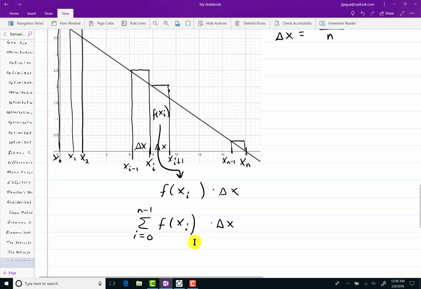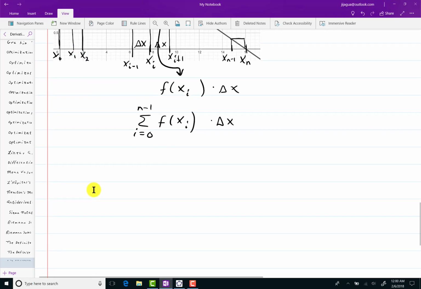So let's take a look at what is xi. Well, x1 is x0 plus delta x. Then x2, you add another delta x, then another delta x, and another delta x. So as before, we have something like this: the sum i equals 0 to n minus 1 of f of 0 plus delta x times i times delta x.